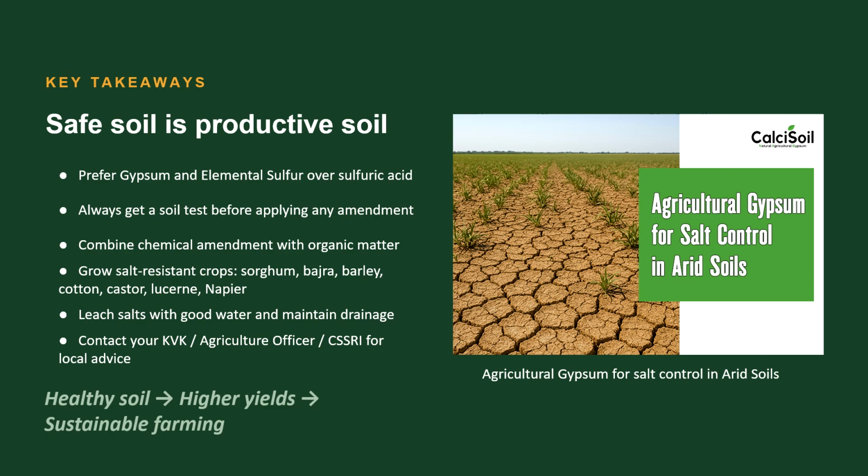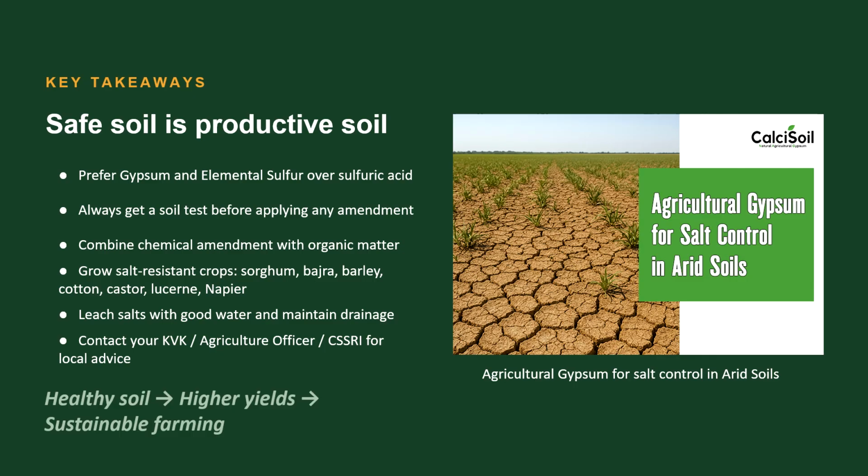Combine chemical amendment with organic matter, grow salt resistant crops: sorghum, bajra, barley, cotton, castor, lucerne, Napier. Leach soil with good water and maintain drainage. Contact your Krishi Vigyan Kendra, agriculture officer, or Central Soil Salinity Research Institute for local advice.